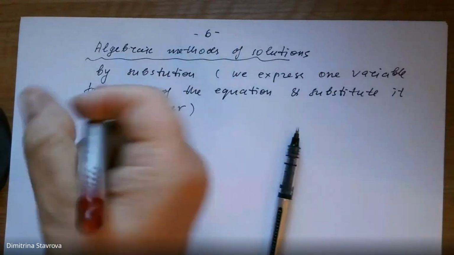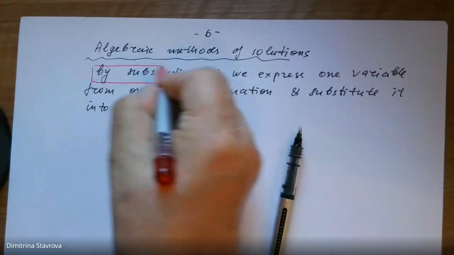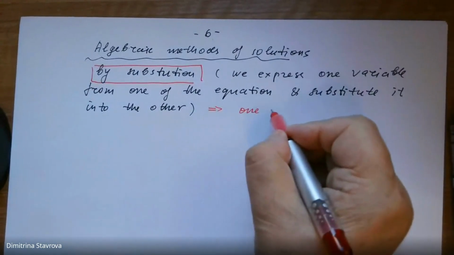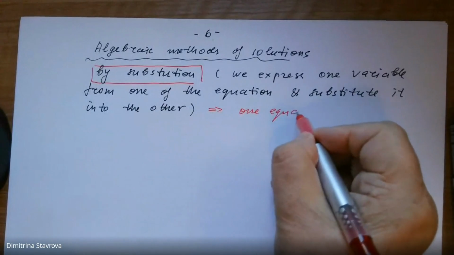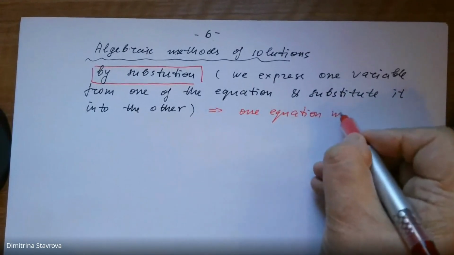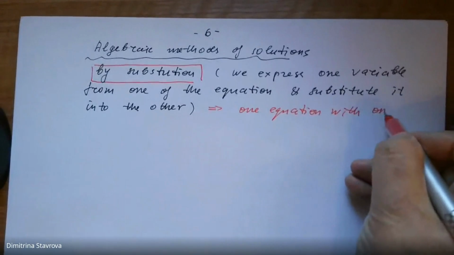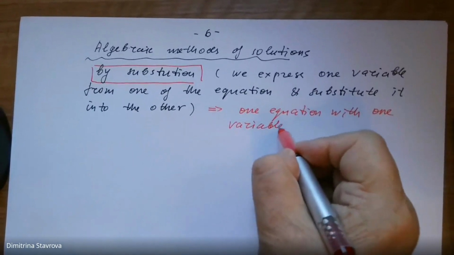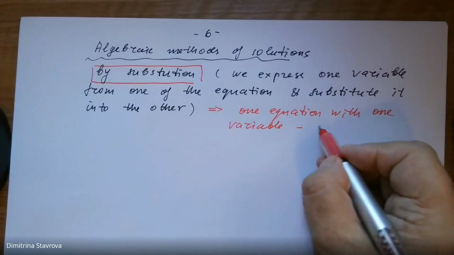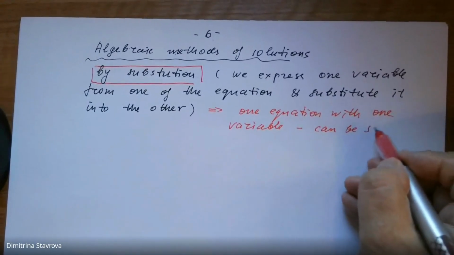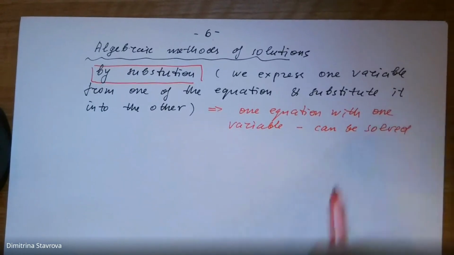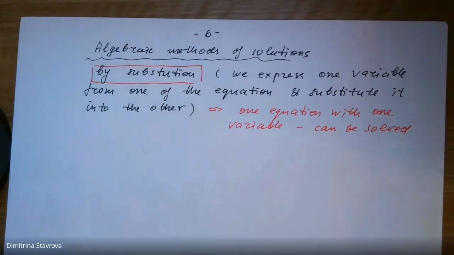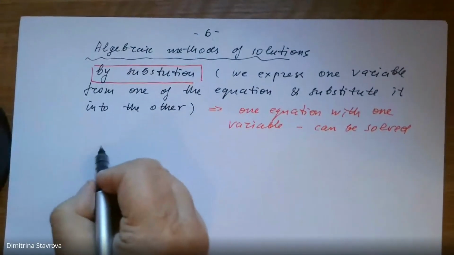In that way, we obtain one equation with one variable which can be solved. Let's see how this works for one of the systems that I mentioned previously.